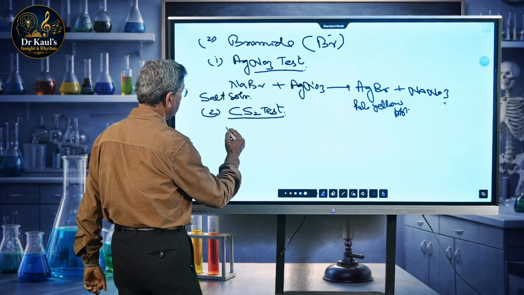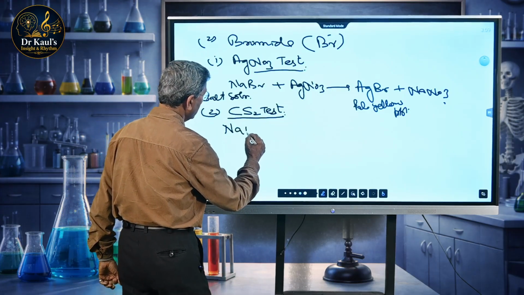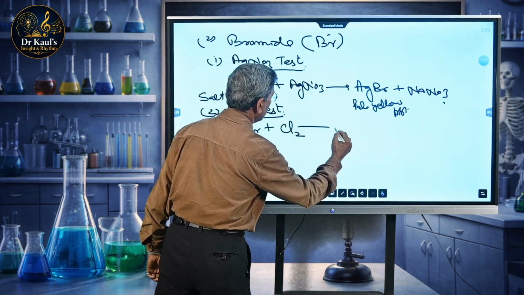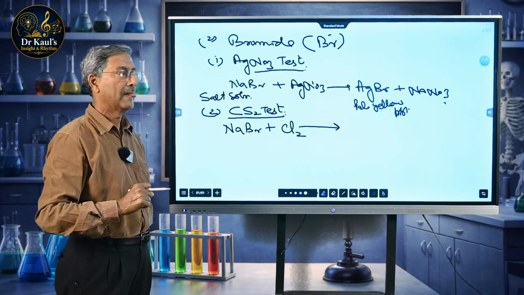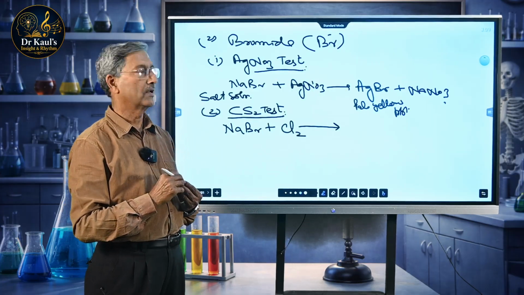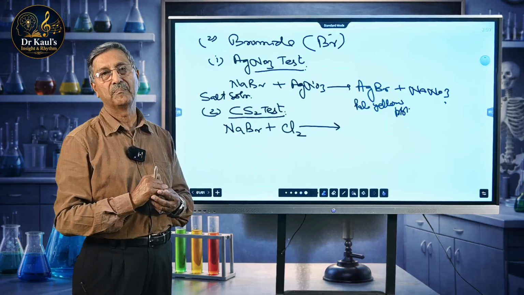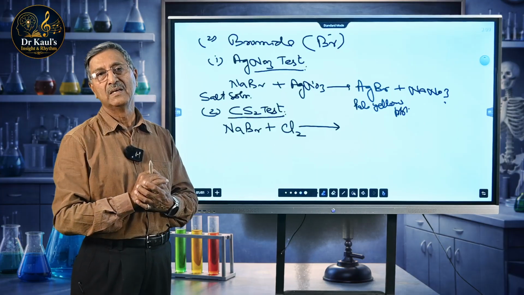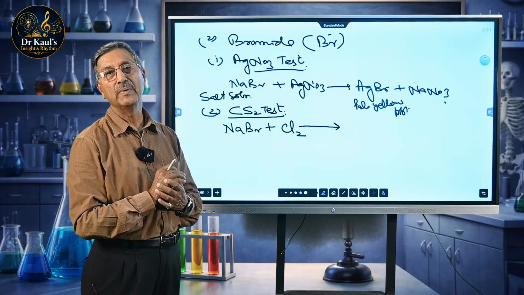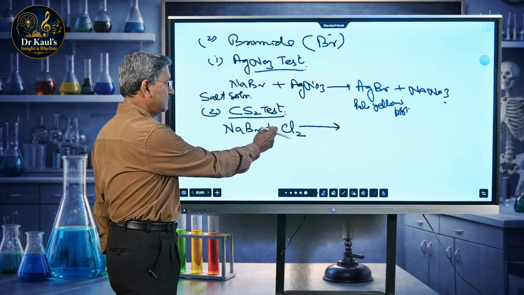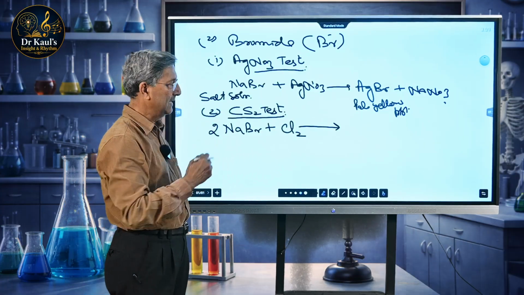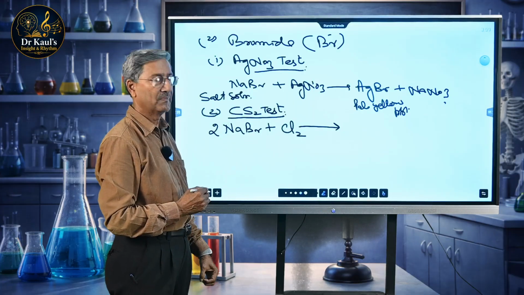You see, we have got, say, sodium bromide, then we add chlorine water to it. Chlorine is a stronger halogen than bromine, or in this case I'll say chlorine is a stronger oxidizing agent than bromine. So what will happen? This will oxidize the bromide into bromine, and itself will get reduced into chloride.